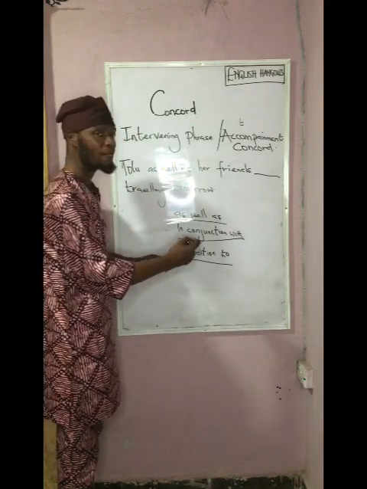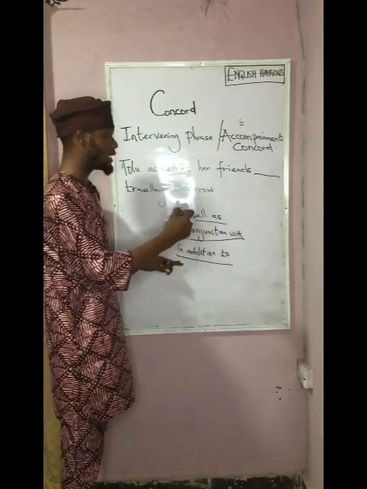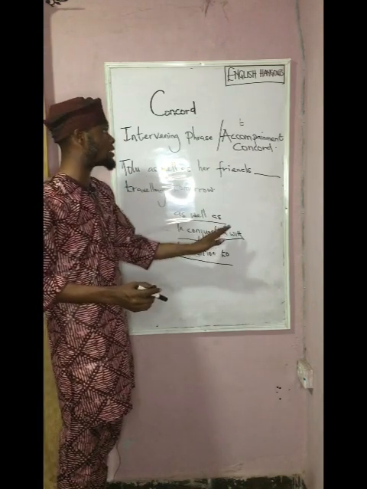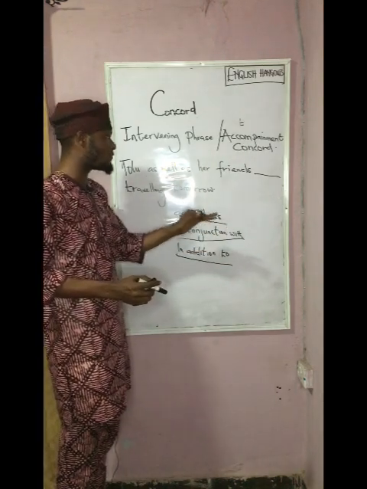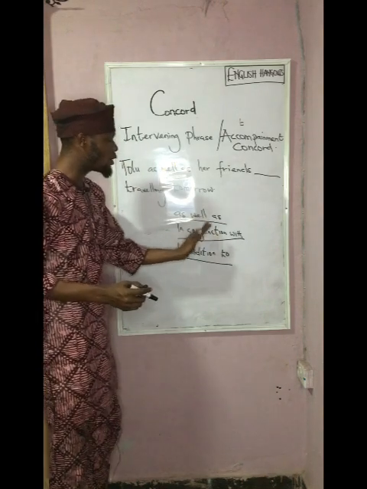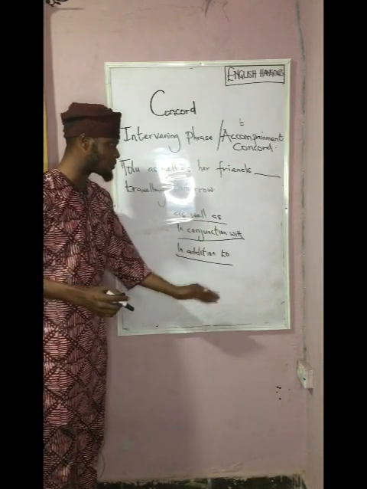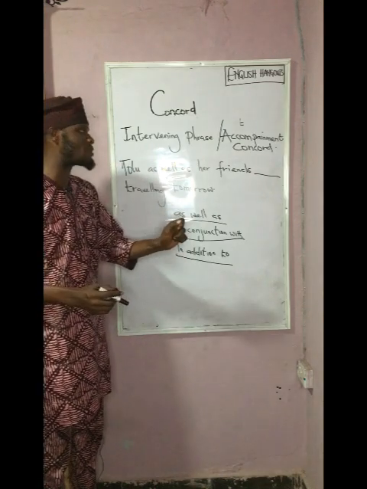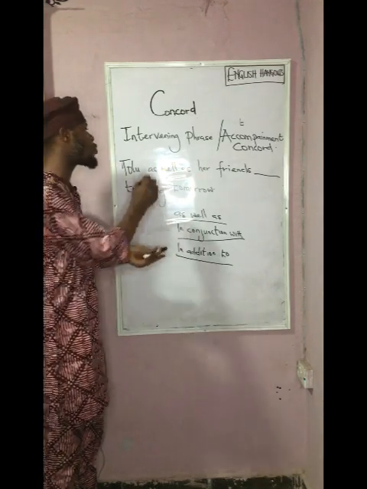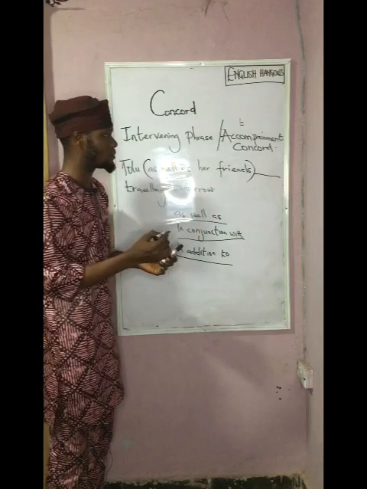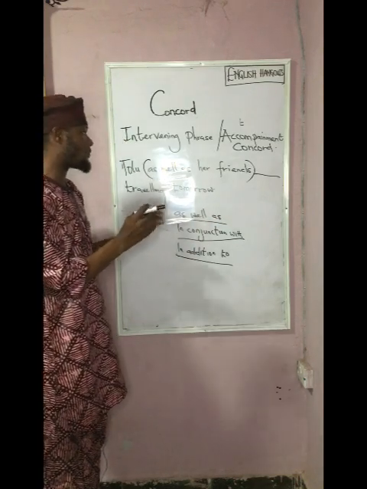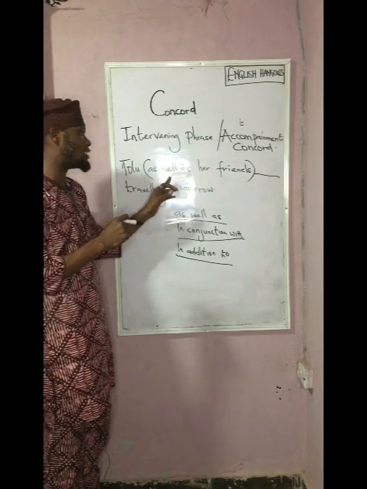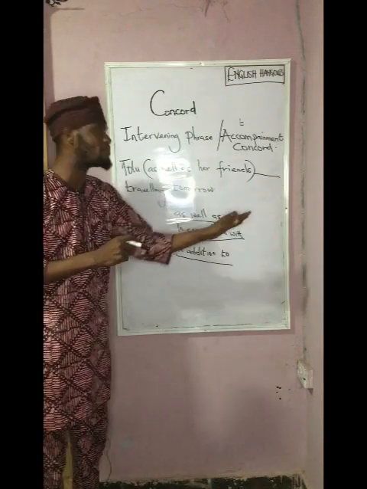These are examples of accompaniment words or intervening phrases. When we have words like these in a sentence, if you are to choose the verb that will complete such an expression, the accompaniment word should not be considered. The first subject we have before the accompaniment words will determine the appropriate verb.